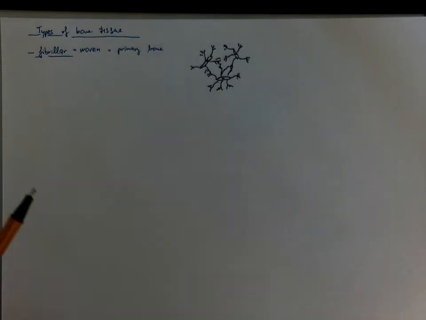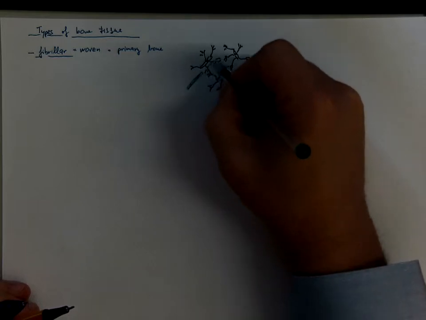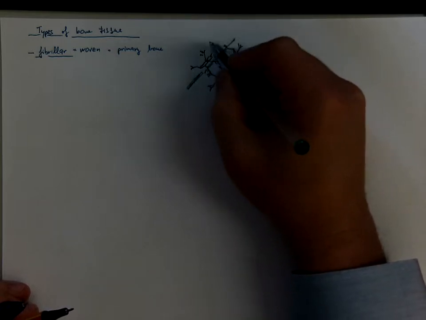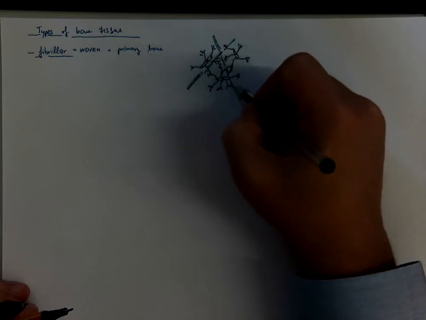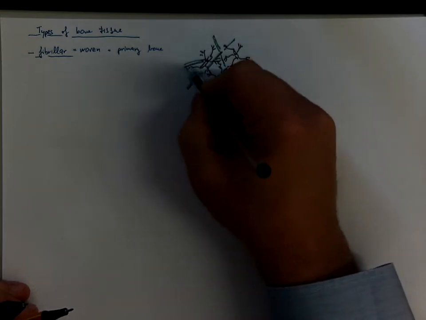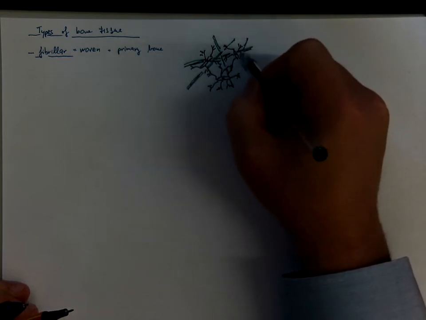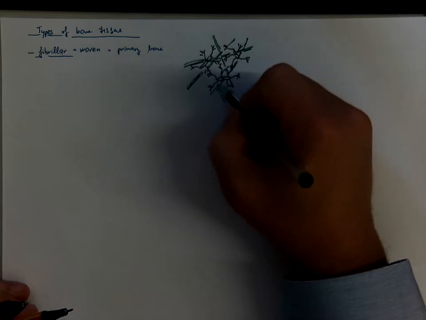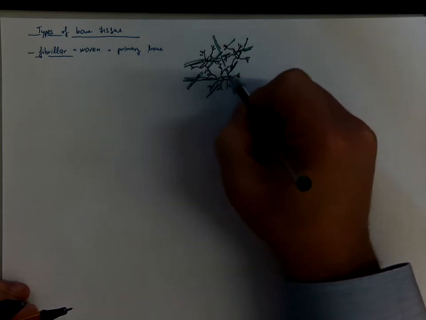orientation is reflected also by the various directions of the type 1 collagen that makes the extracellular matrix, and also the mineral crystals that adhere on the surface of the collagen.